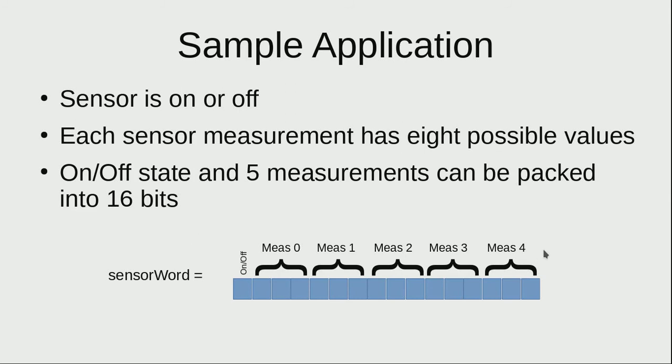And incidentally, I spent much of my career looking at pictures just like this, believe it or not. So sensor, this is our temperature measure on the spacecraft, right? We can say it's on or off, and each measurement has 8 possible values. So the on-off, which takes 1 bit, and 5 measurements at 3 bits each, can be packed into this 16-bit word.